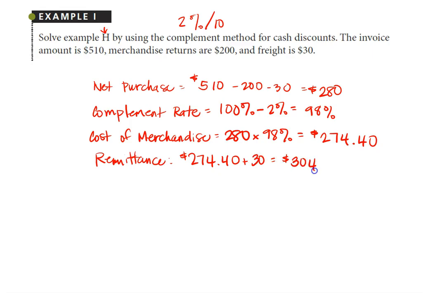Okay, so this was just another method of calculating the cash discount and remittance, this time just by using this complement method of taking the complement of the discount, in this case 2%, and then multiplying it by the net purchase price to get the cost of merchandise.